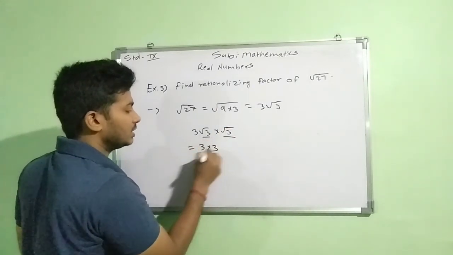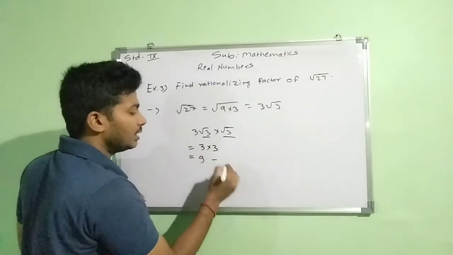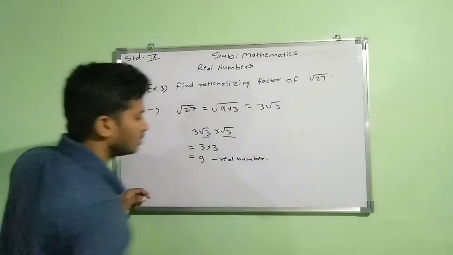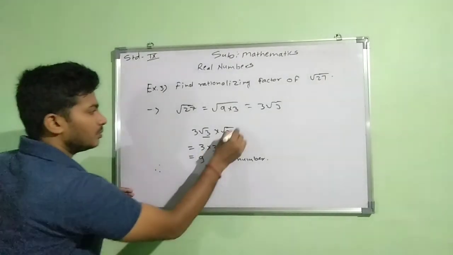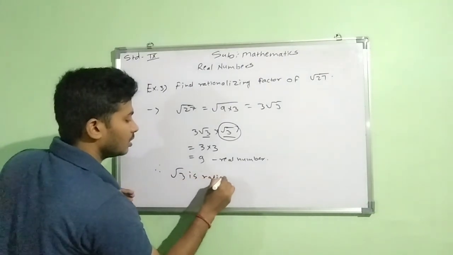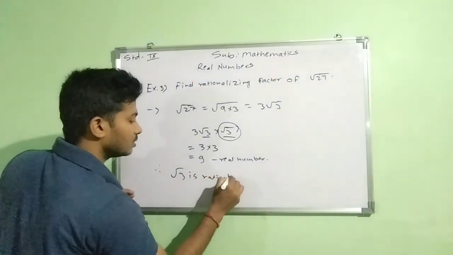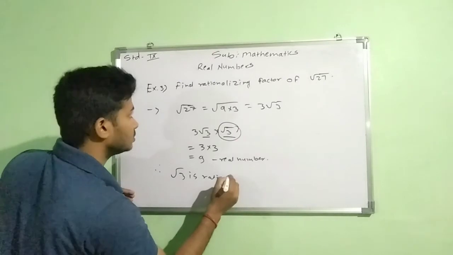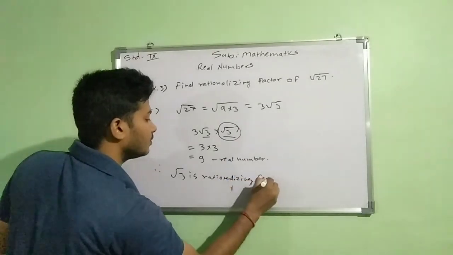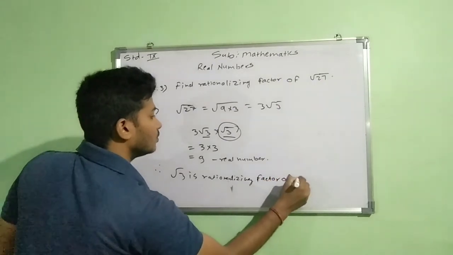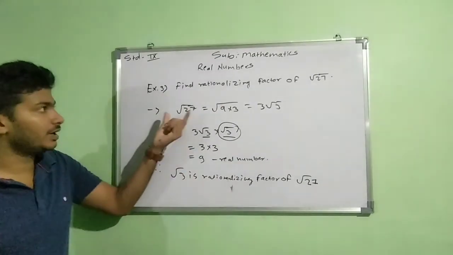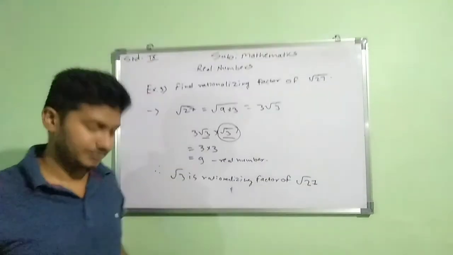So 3 multiplication 3 is equal to 9, and 9 is a real number. Therefore, root 3 is a rationalizing factor of root 27. Okay, so this is how we have to find the rationalizing factor of any number.